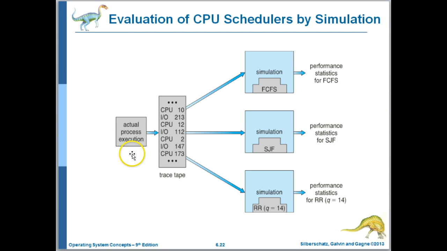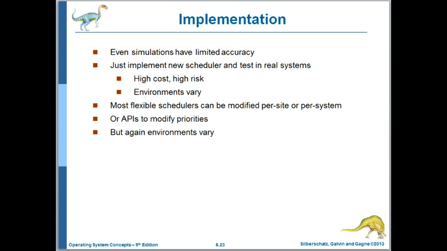You would instrument an actual operating system to determine, for each process, CPU burst, I/O burst, CPU burst, and record all that information. And then you can feed that trace tape into simulations for your various CPU scheduling algorithms.